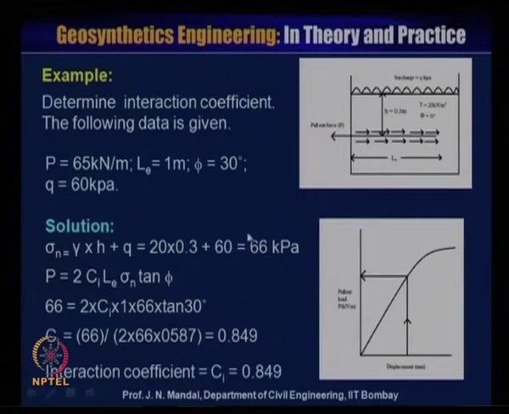Sigma N is equal to 66 kilopascal, and phi is equal to 30 degree. So you can calculate the Ci. Ci is equal to 65 divided by 2 into 66 into 0.587, which is equal to 0.849. So interaction coefficient Ci is 0.849.